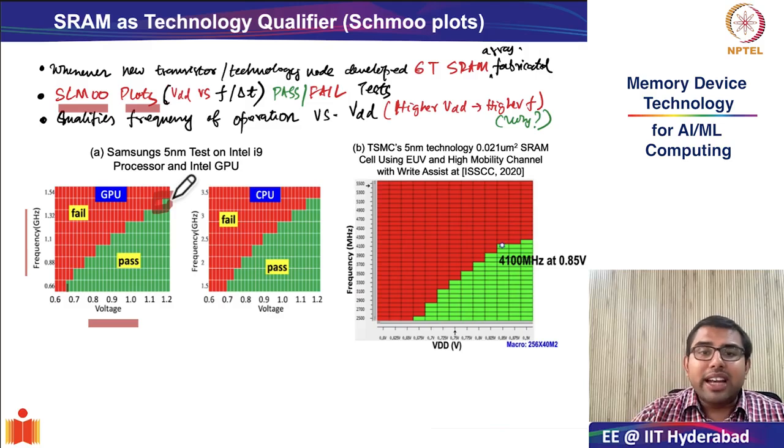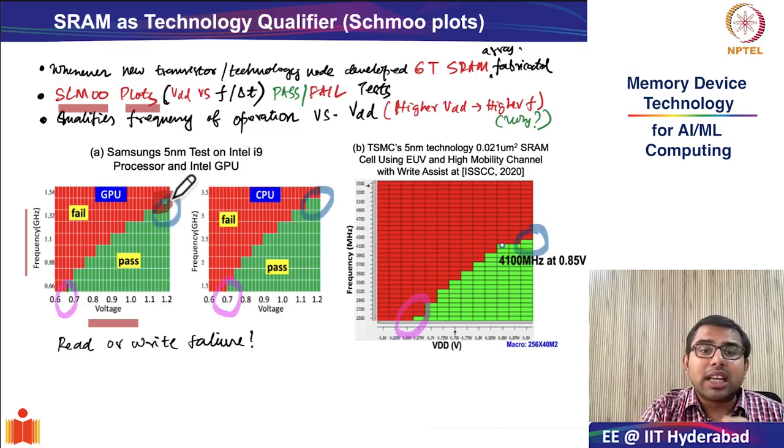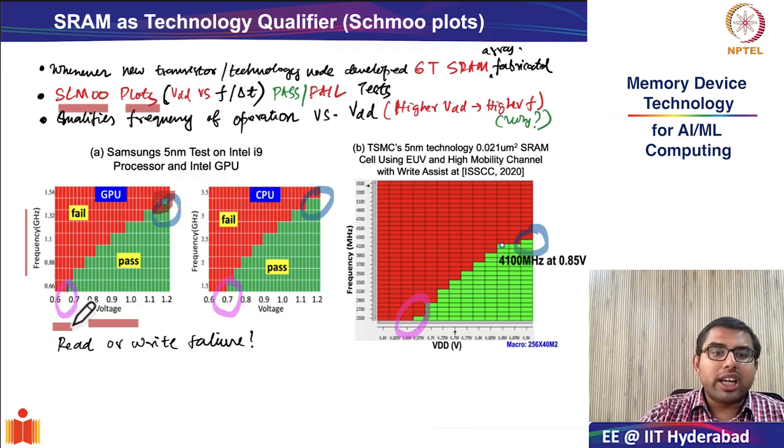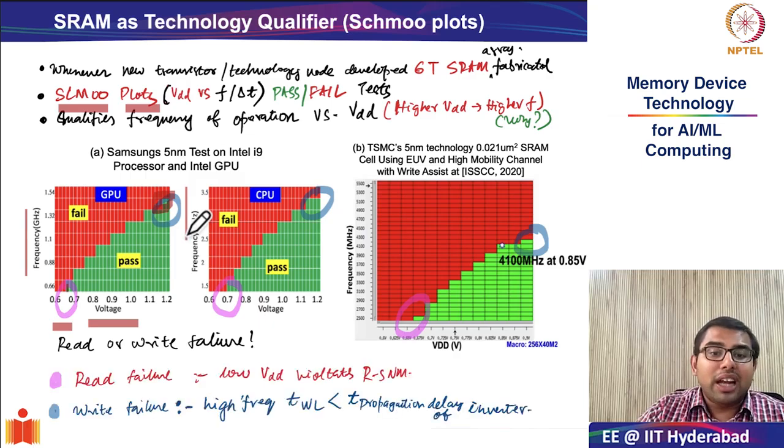Another very interesting thing to notice is that the failures happening in the low voltage regime and the high frequency regime are entirely different in nature. Read failures are more likely to happen at low voltage, or low VDD, while write failures are more likely to happen in the high frequency regime. Why is this the case?